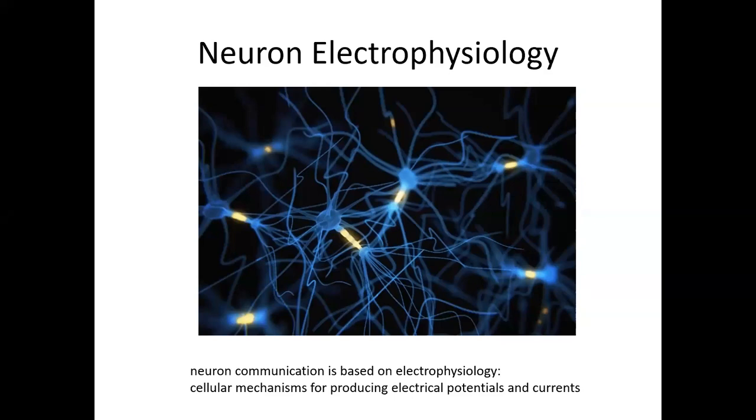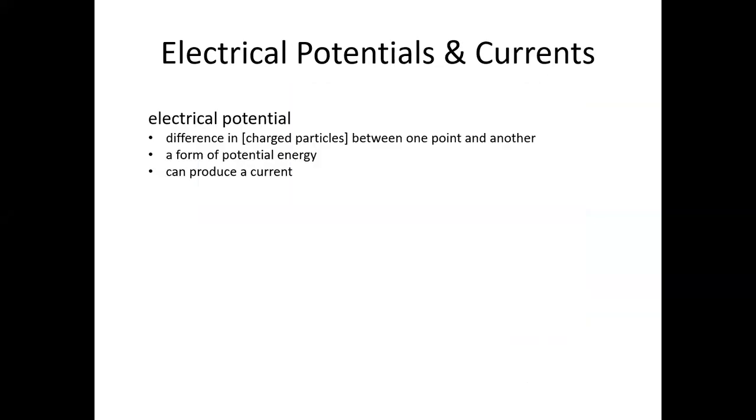This is lecture 11B part 2, where we are going to learn about the electrophysiology of the neuron, which is how neurons communicate with each other. To understand that, there's a couple of terms we need to understand: electrical potentials and how that differs from a current.